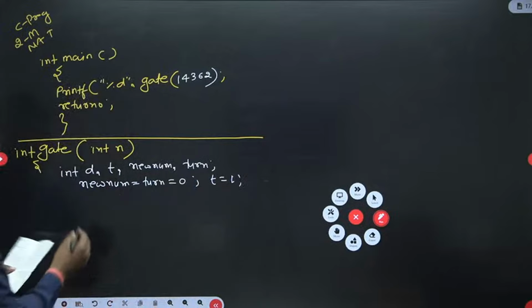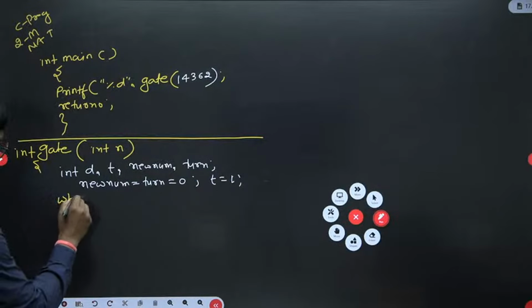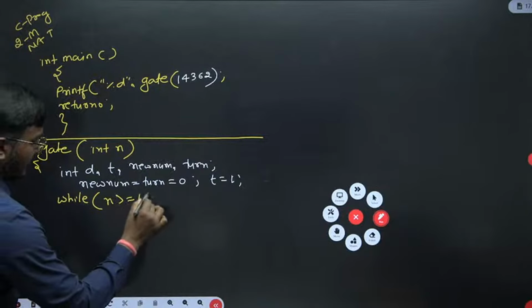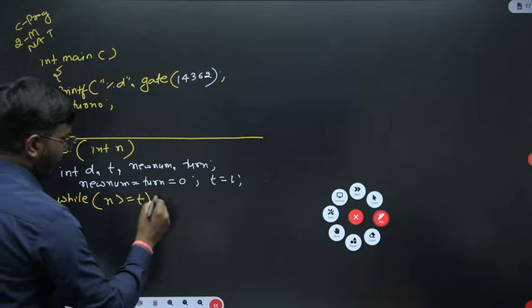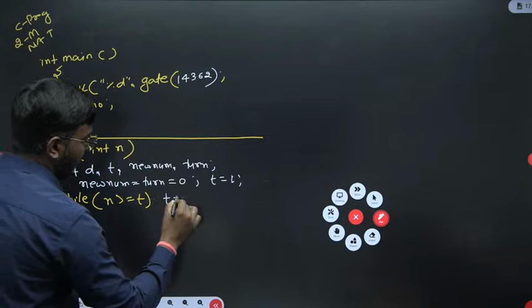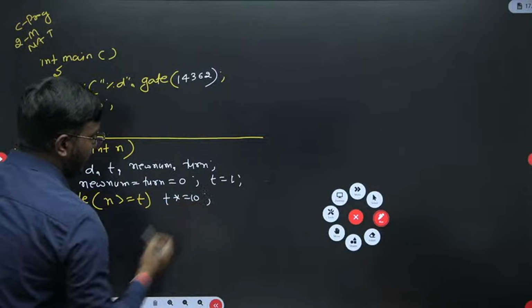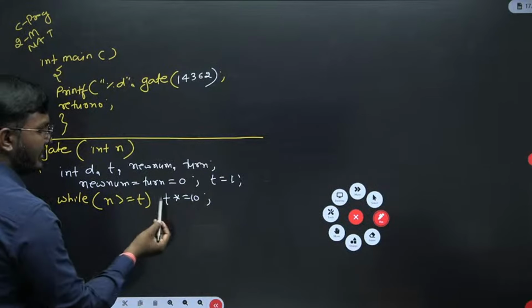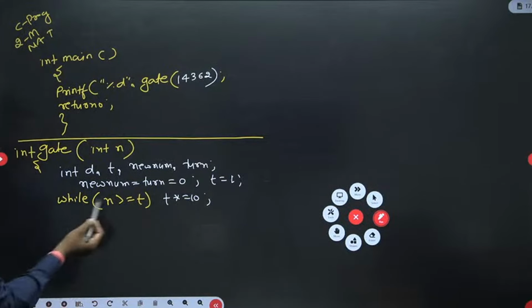Then we have a while loop: while n is greater than or equal to t, perform t *= 10. We need to execute this statement till the while condition is true.